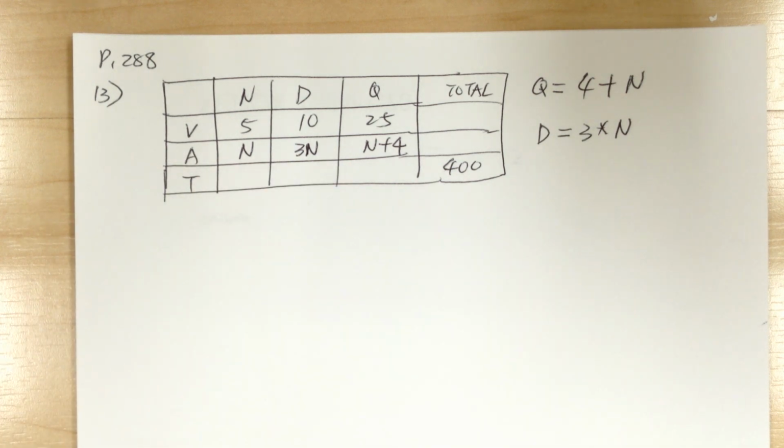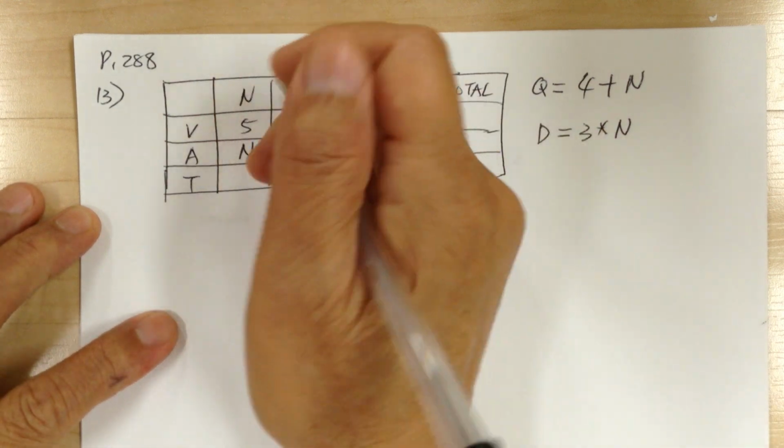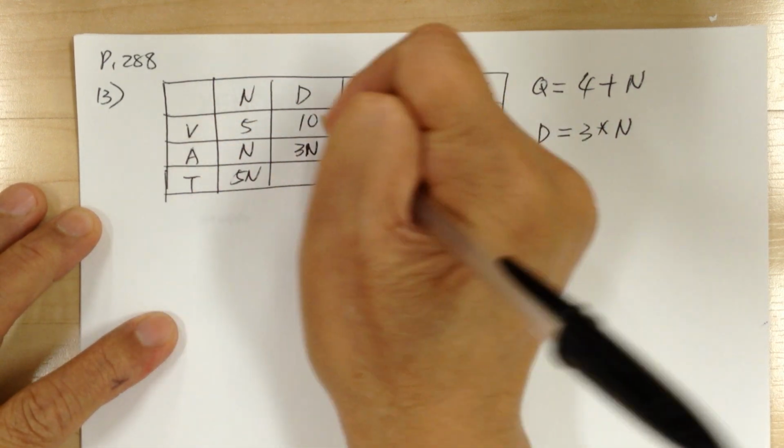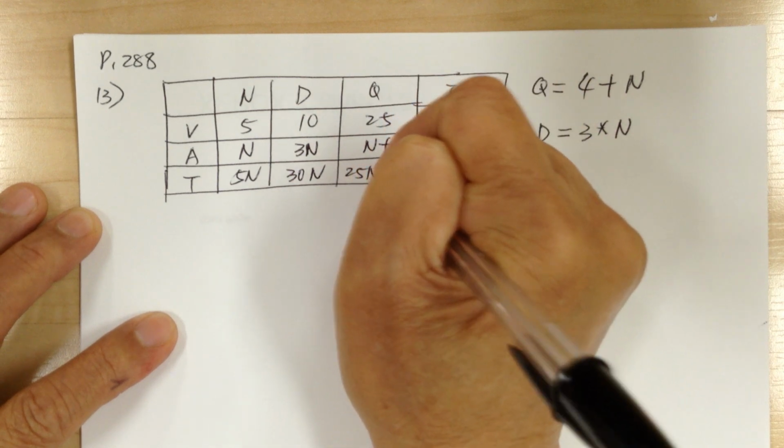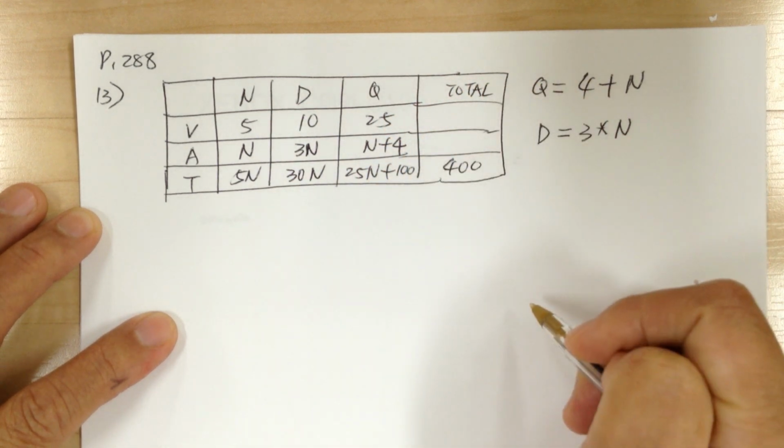Now all you have to do is multiply down the table. You get 5N, 30N, and 25N plus 100.